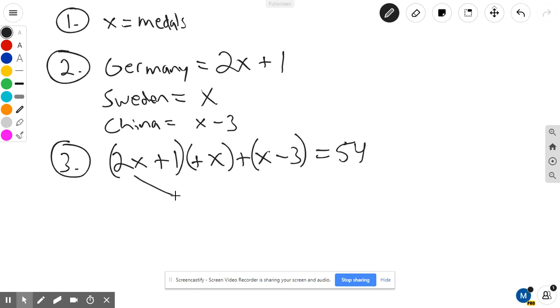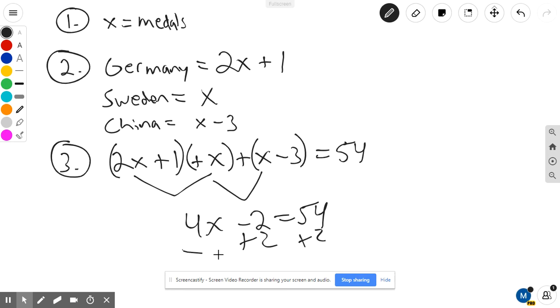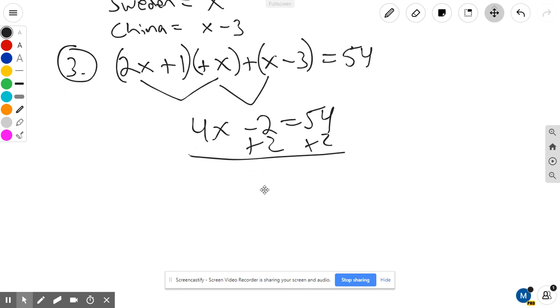We combine like terms, 2x and then another x, so that's 4x. 1 minus 3 is minus 2, equals 54. Add 2. We're left with 4x equals 56. Divide by 4. x equals 14.